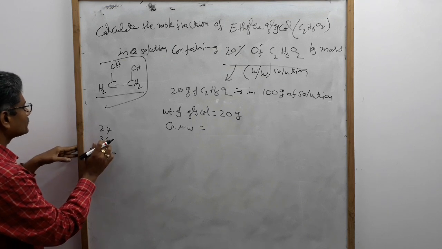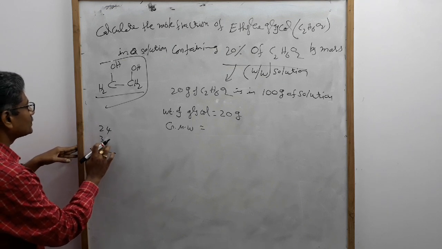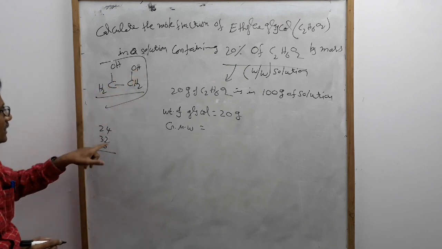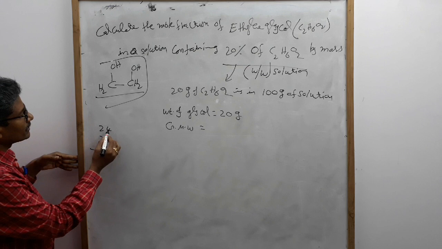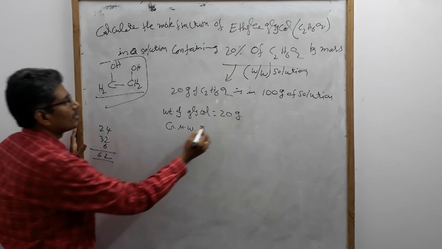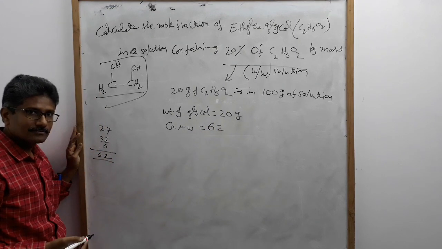Sorry, oxygen is 16, 2 sixteens are 32, not 36. 2 oxygen atoms are there. So okay, 62 is the molecular weight of glycol.